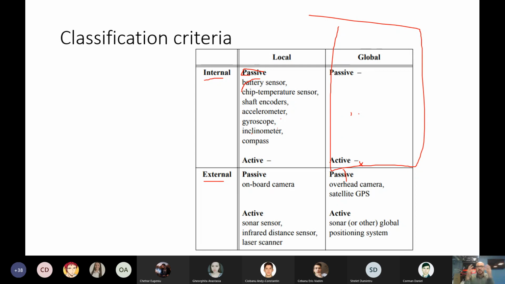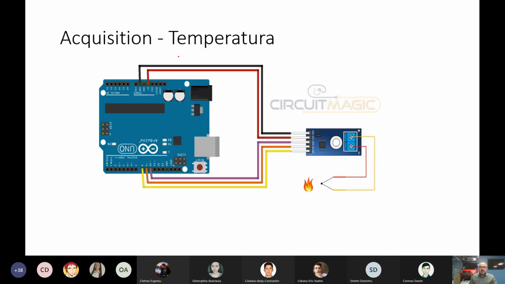When you understand what you are measuring, you understand what kind of sensor to use. This is why we are going to understand the process of gathering information and what kind of situations we can have. Next, let's go to the acquisition method and how we can measure temperature.